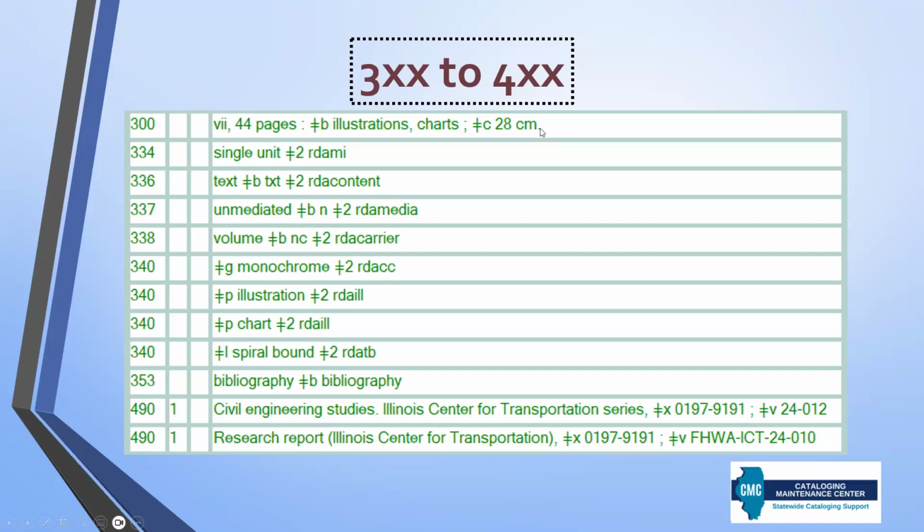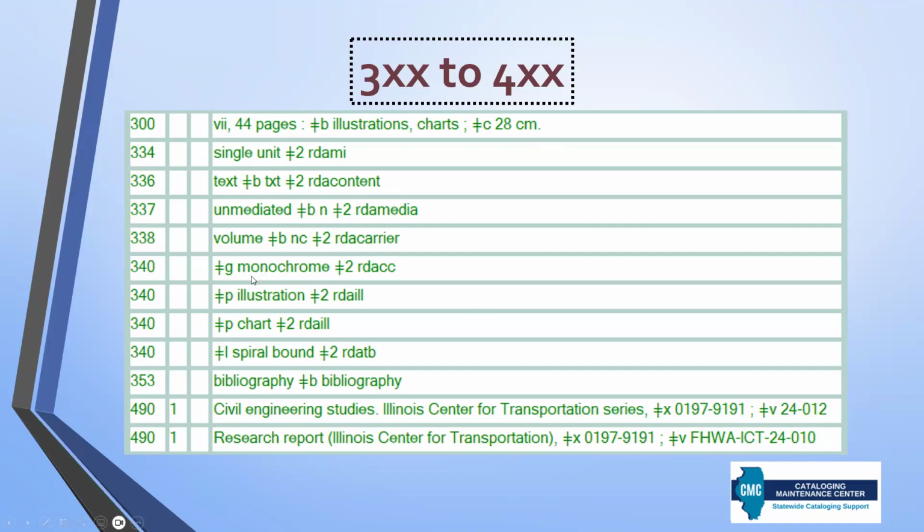Note that there's a period at the end of the field because we are dealing with a series. So we have 490s. So that's what that period means. This is a single unit. And then these 336, 337, 338 are the general carrier media content types.